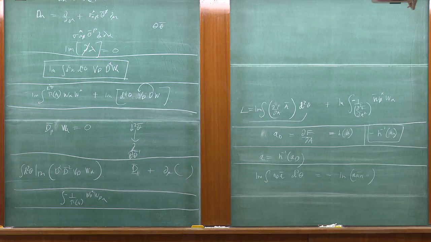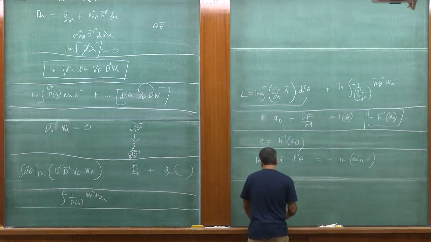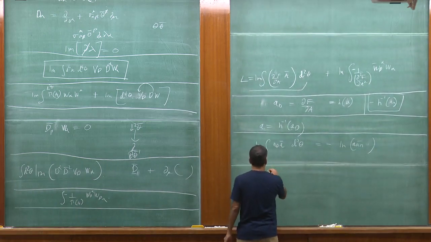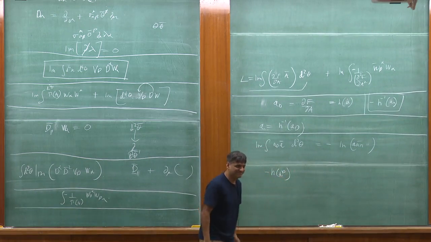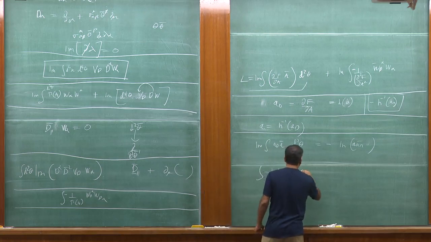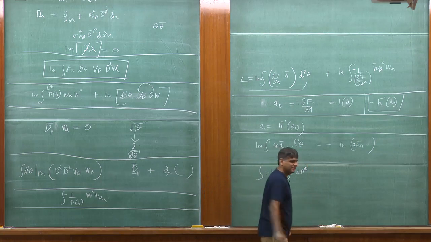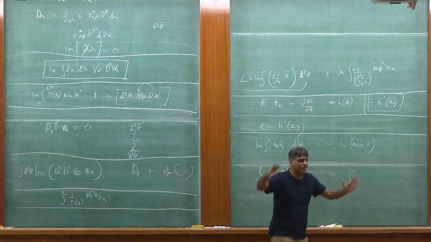Is this clear? So once we know A as a function of A_D, we've got this minus h of A_D, we can now integrate it. Define the integral of this with respect to A_D, and we can call this, if you want, F tilde. None of this will be important, but just so you know what's going on.